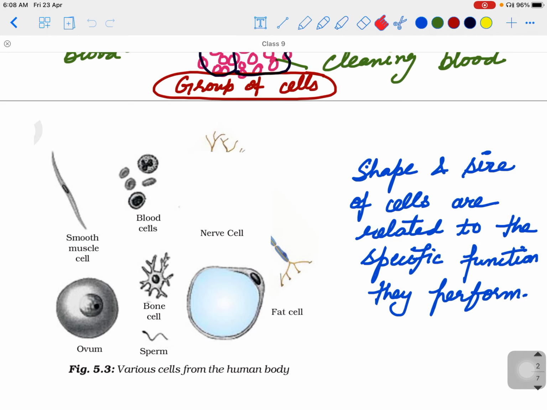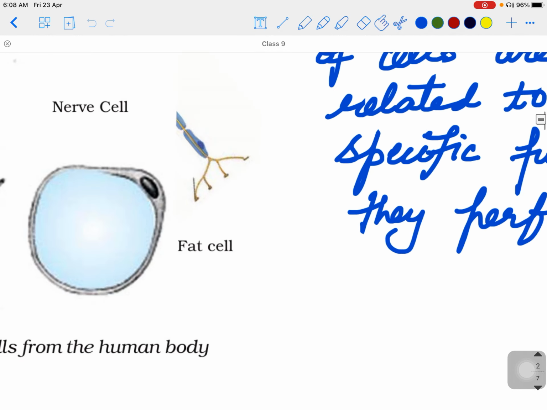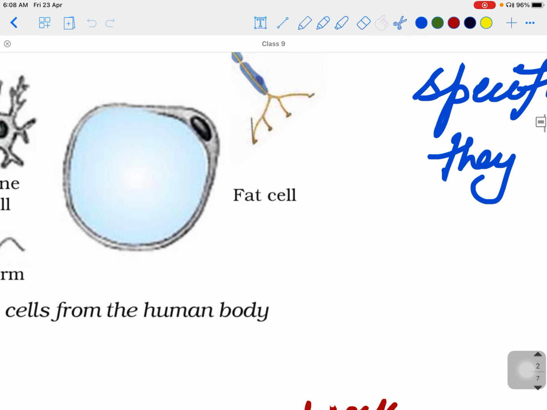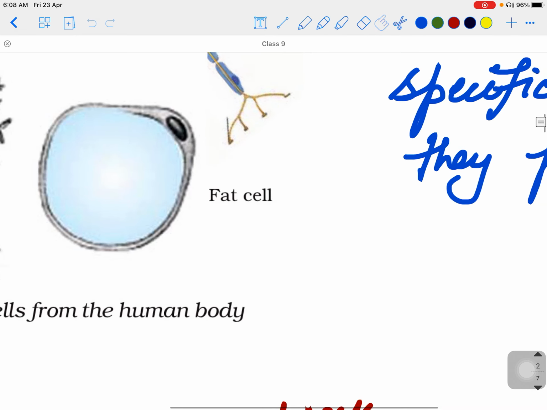What is the meaning of this line? Let's try to understand this with the example of fat cell. This round cell is fat cell, and the space that is present here, which is shaded with blue, this area will store fat. So the function of fat cell is storage of fat. You look at the shape of the fat cell, it is round and it is big in size.